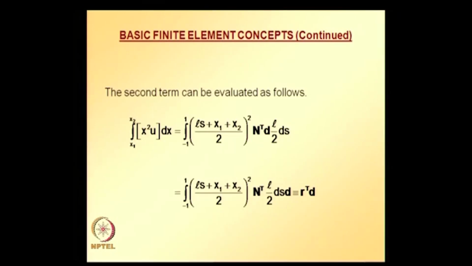Again here D is pulled out of the integral because it is no longer a function of S; D is nothing but nodal parameters or nodal values. So it has nothing to do with the integral, and R transpose is defined as whatever is there in the integral.